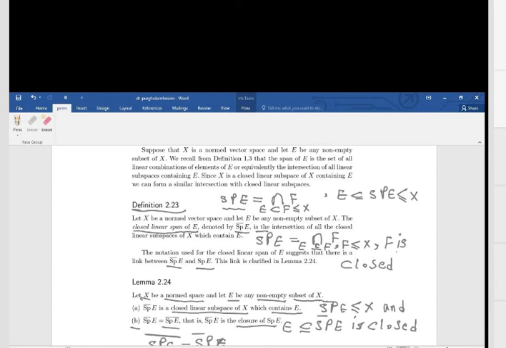Now we can show that SP bar E equals SP E bar.